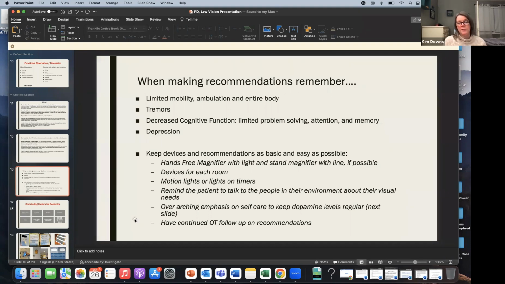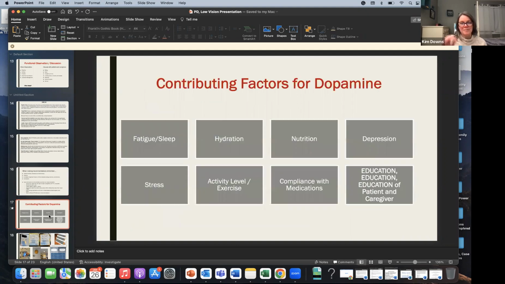And the importance, if you are seeing them for low vision and you only get so many visits to work on issuing them their low vision equipment, you can always refer to continued traditional OT for carryover of these recommendations, because they need so much repetition.